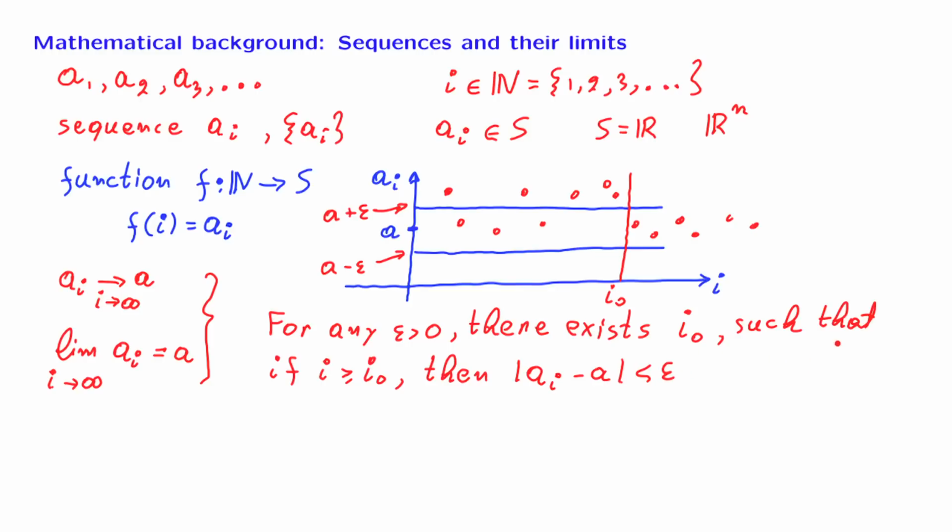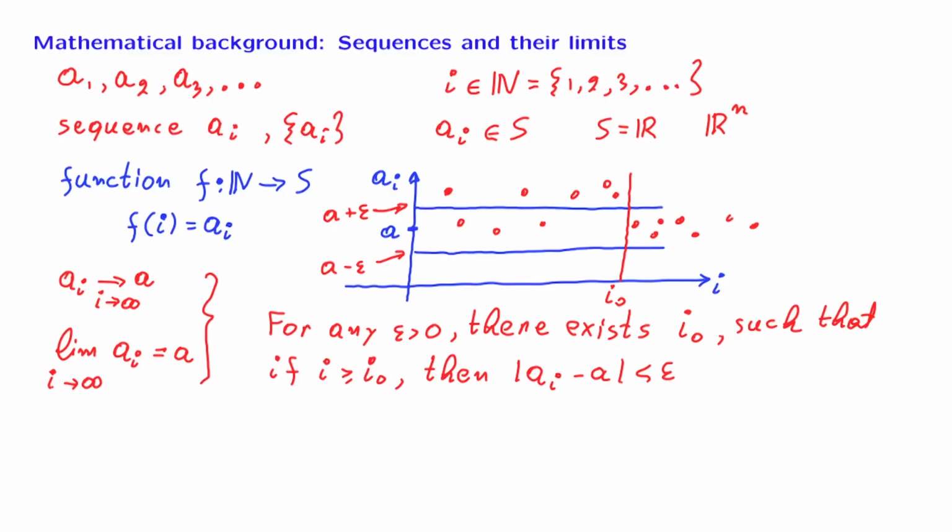So this is the formal definition of convergence of a sequence to a certain number a. The definition may look formidable and difficult to parse, but what it says in plain English is pretty simple. No matter what kind of band I take around my limit a, eventually the sequence will be inside this band and will stay inside there.